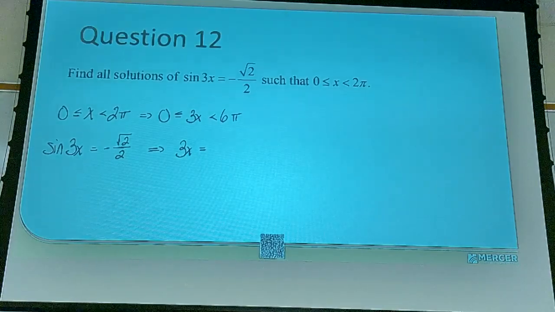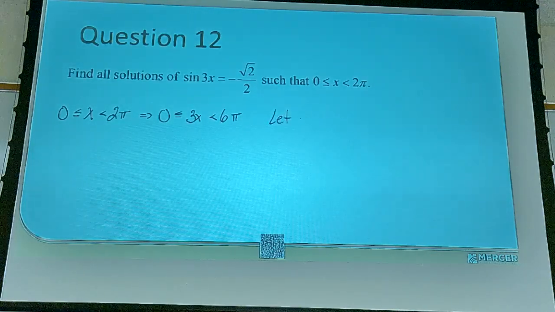Now, what I'm going to do, I think, instead of that, let theta be 3x.